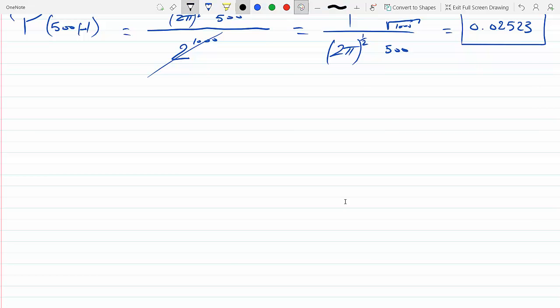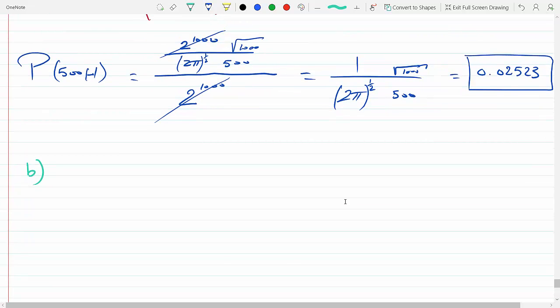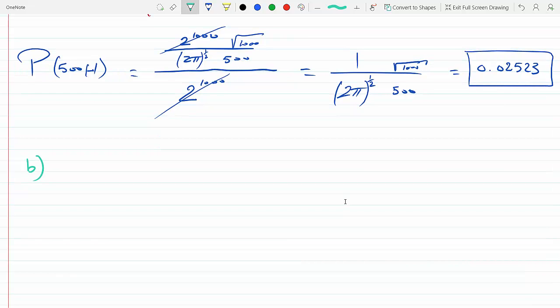So let's do part B here, and then I'll divide it by the multiplicity all, which is the same. So now we have 1000 choose 600.